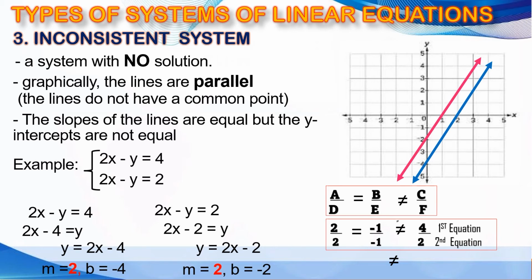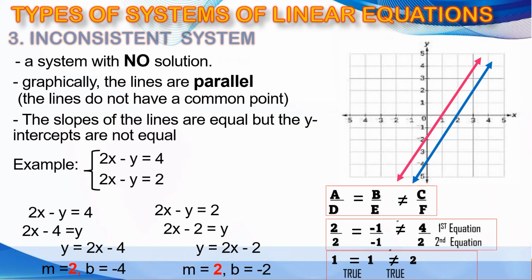So we have the ratio 2 divided by 2, which is equal to 1. Negative 1 divided by negative 1, which is equal to 1. 4 divided by 2, which is equal to 2. So 1 equals 1, which is true. 1 is not equal to 2, which is also true. So we have an inconsistent system given the standard form of the linear equations.